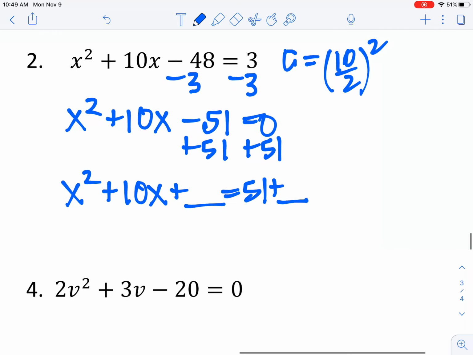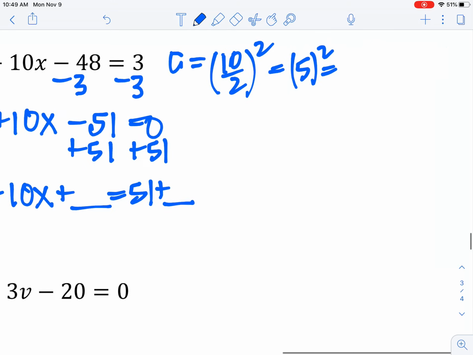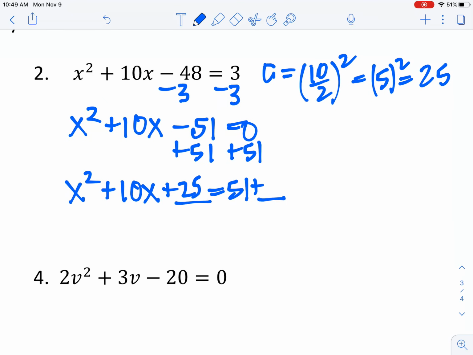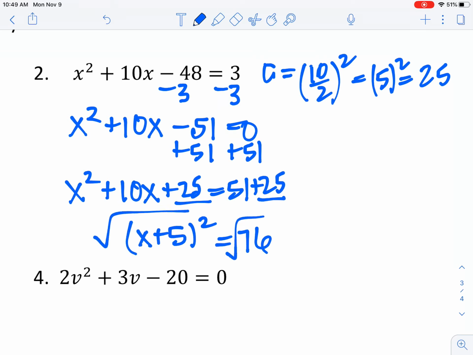So I solve for that c value. 5 squared will be 25. So here I'll get x plus 5 squared equals 76. And when I square root both sides, x plus 5 equals plus or minus square root of 76.